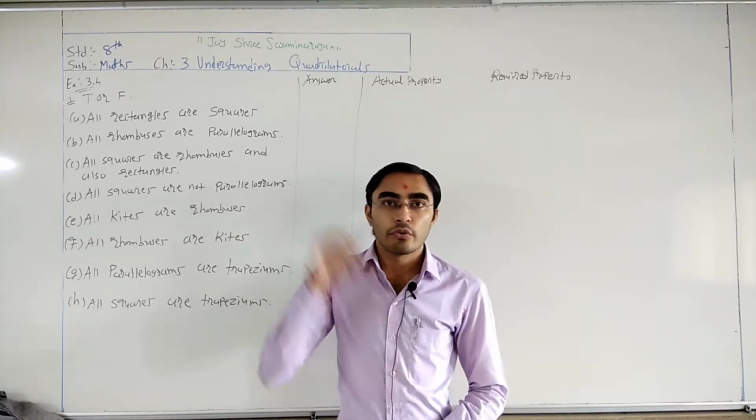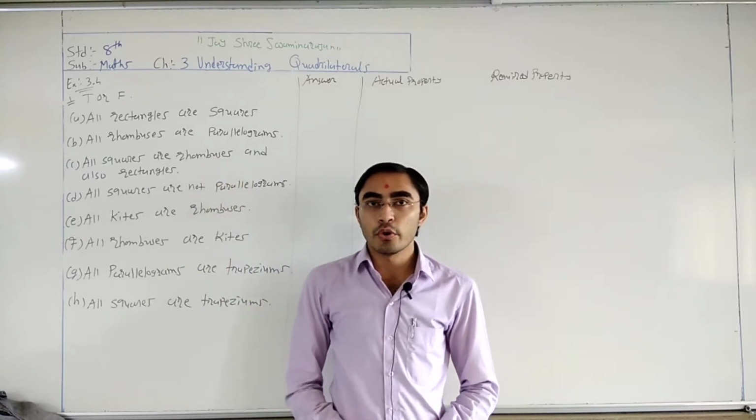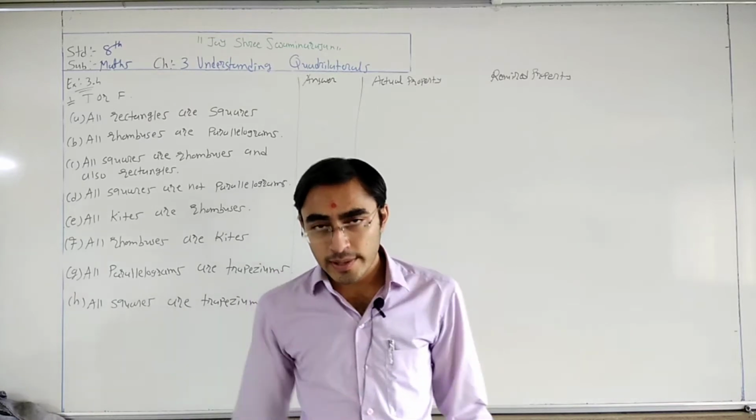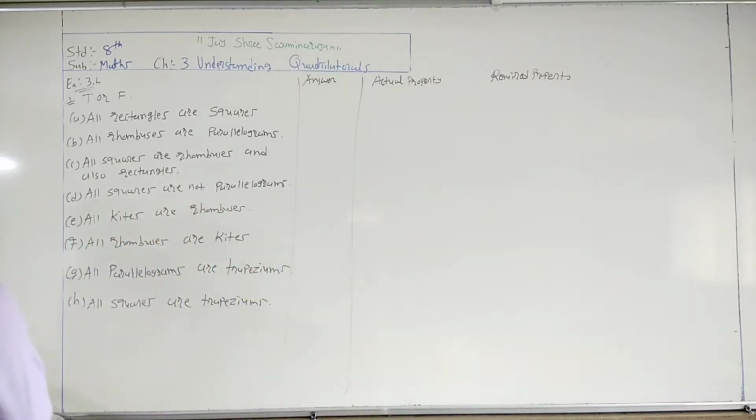In this video, we start our exercise 3.4. So, be ready, open your mind, let's start it. Here, in question number 1, true and false are there. Internally, A to H questions are there.